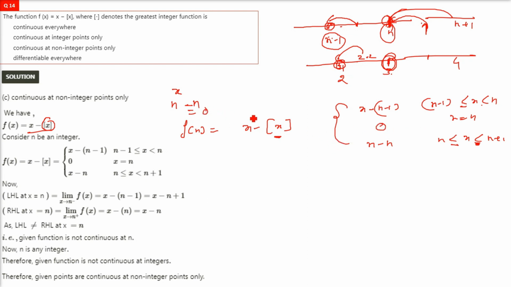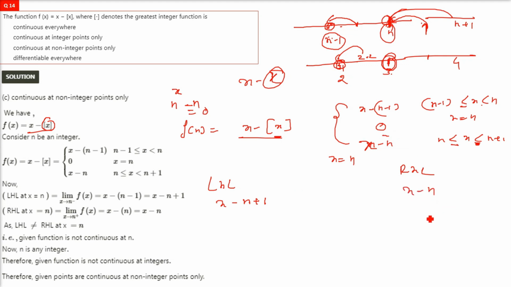Now all these are clear. So let us take the left hand limit and right hand limit and check it at n, putting x as n. In the left hand limit you have to use x minus n plus 1, and in the right hand limit you have to use x minus n, as I told you right now.